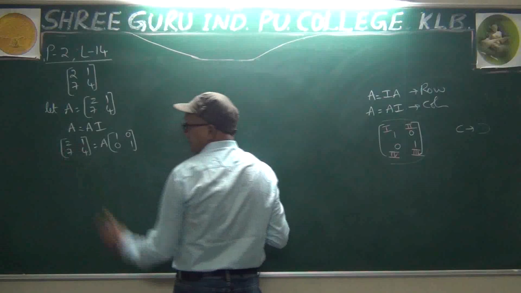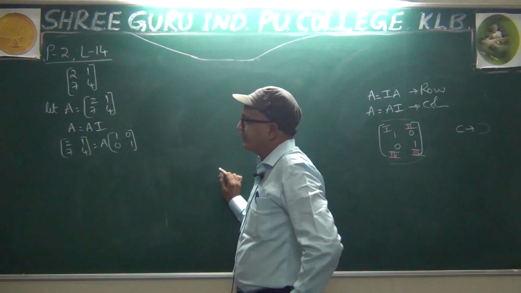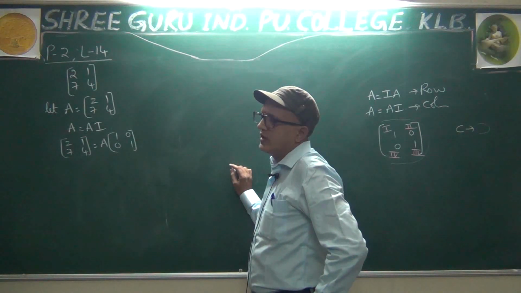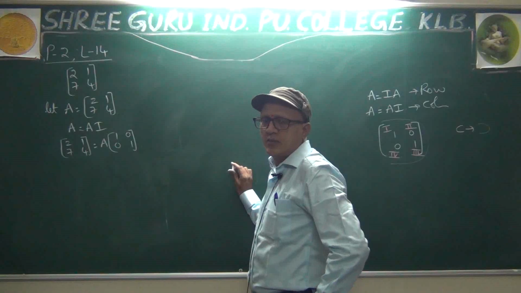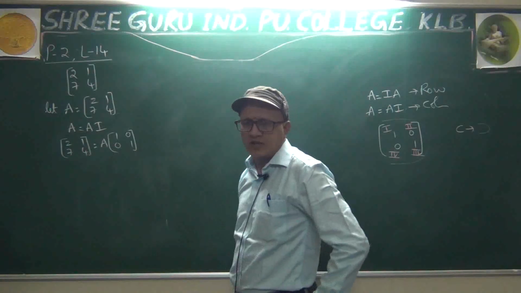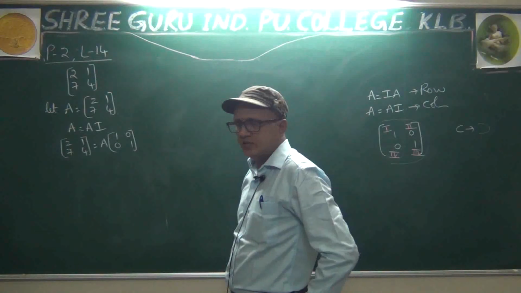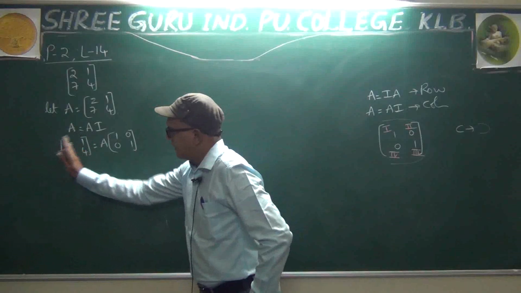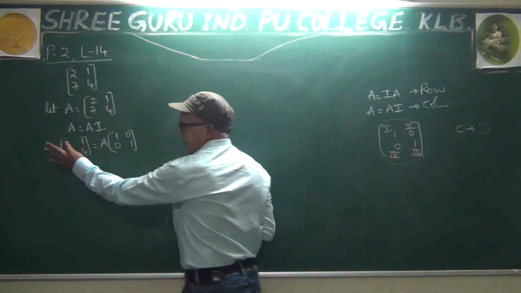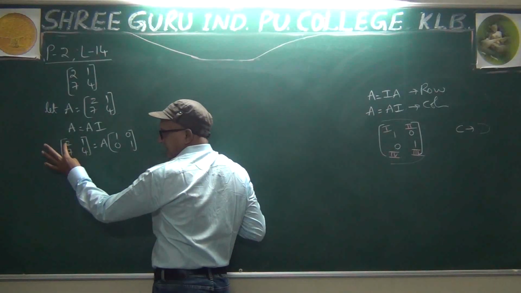Here one more thing we can observe. You can interchange any two rows or any two columns. We learned that operation. Here we are doing column operation, so we can interchange two columns, first column and second column. We want one here, and that one is in the second column.